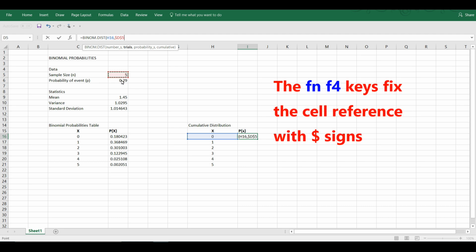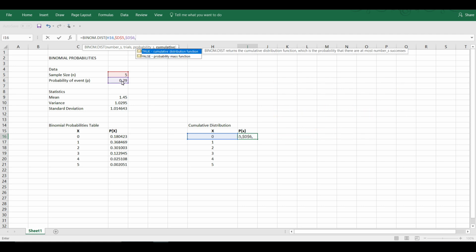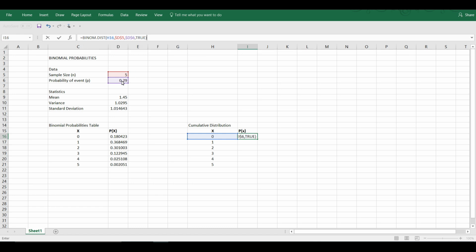And then we put comma, and then we want D6, but we also want to fix that as an absolute cell reference. So function F4, okay? And then this time we type in true because we do want a cumulative distribution. And I'm going to close the parentheses.